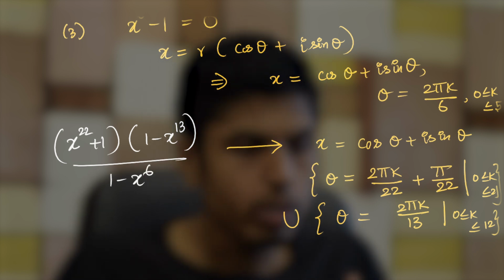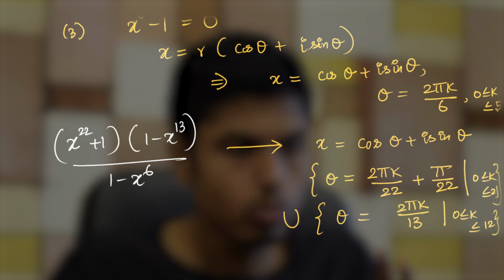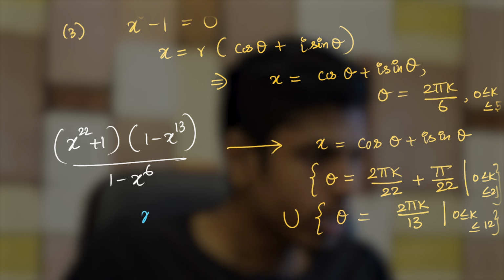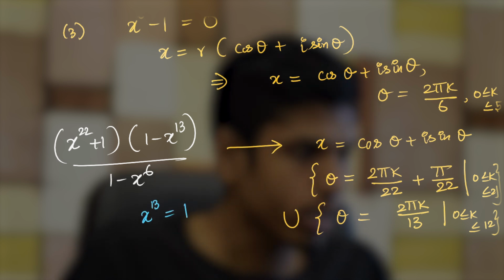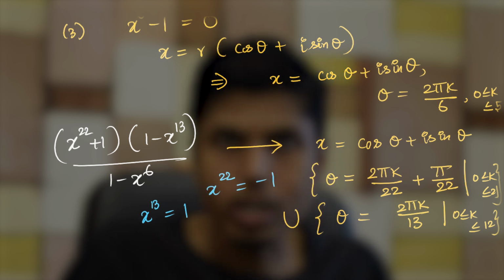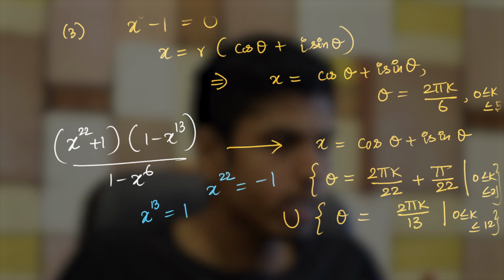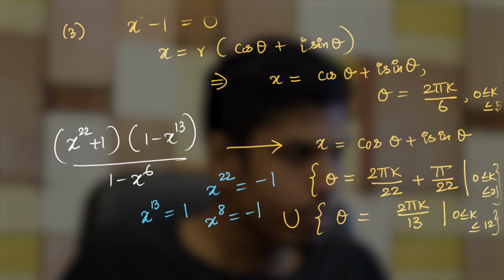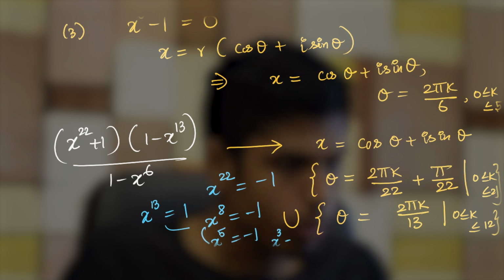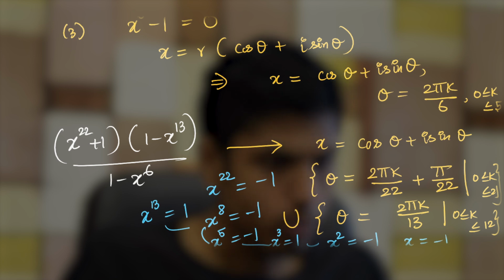And clearly there can be no match between these two values, because x power 13, if it is going to be 1, then we cannot have x power 22 to be minus 1, because otherwise we would get x power 8 to be minus 1, and dividing these two, one would get x power 5 to be minus 1, and dividing these two, one would get x power 3 to be 1, and again dividing these two, one would get x squared is minus 1, and dividing these two, one would get x to be minus 1.